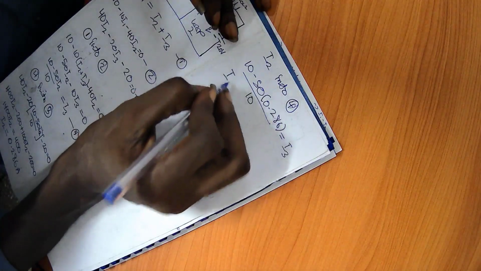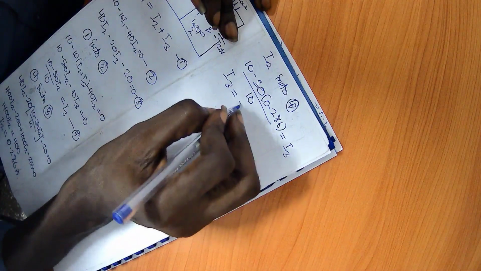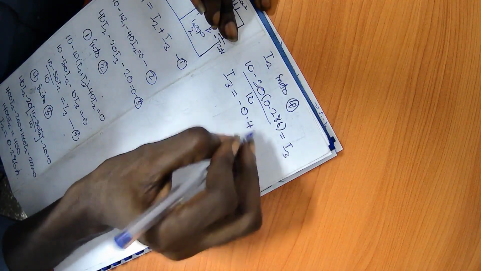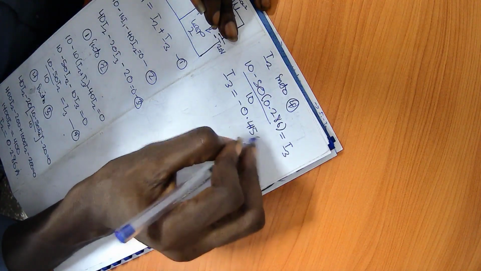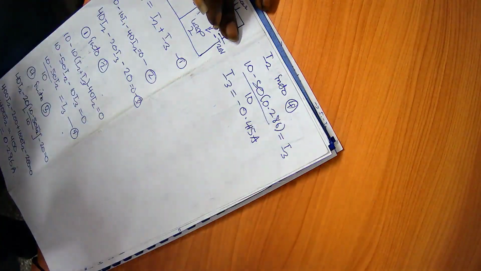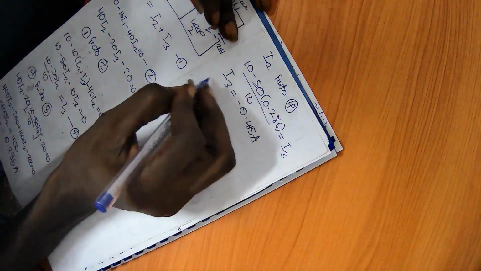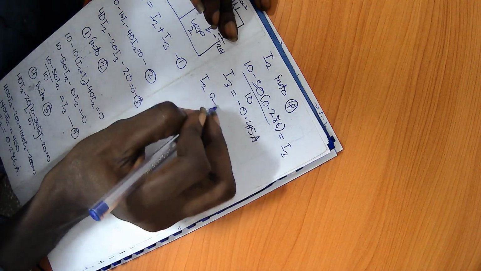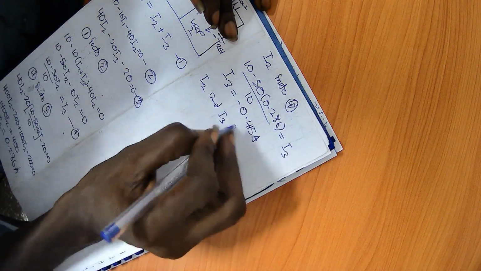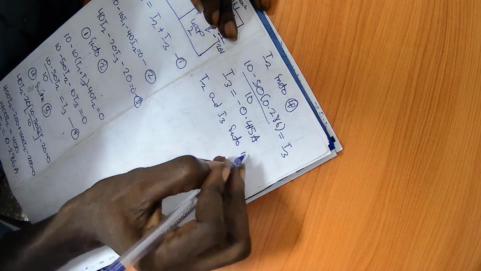We get I3 to be equals to minus 0.415 amps. Okay, so now I2 and I3 into equation 1.